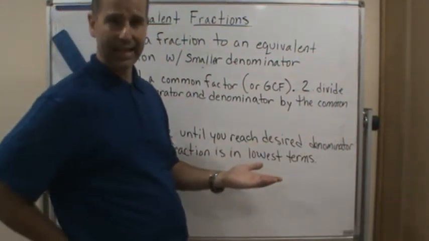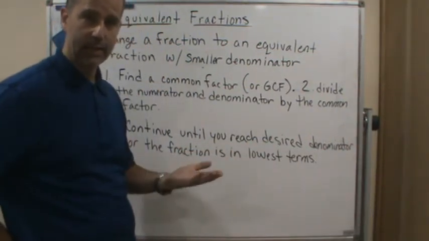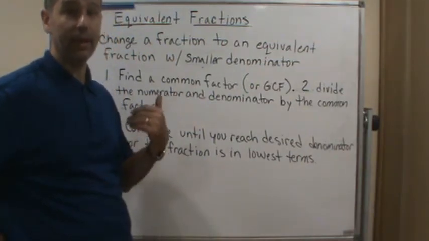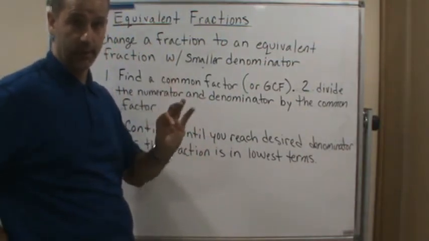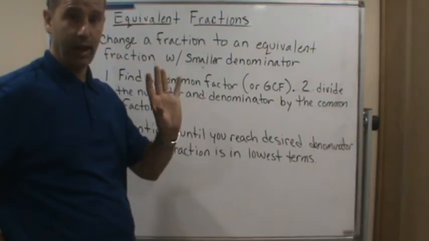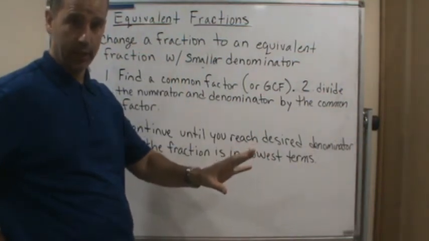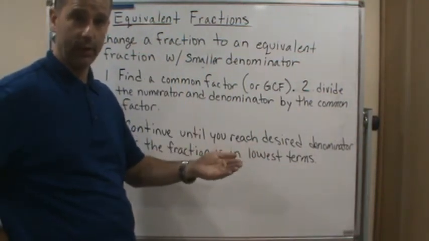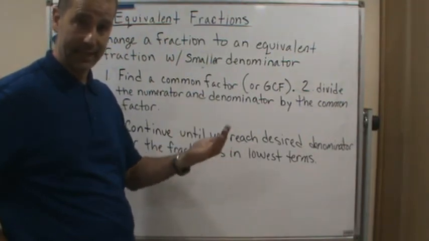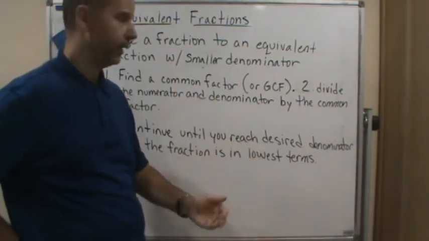But sometimes you can't see what the greatest common factor is. Or maybe they don't want you to put it in lowest terms. Maybe they specify, hey, I want the denominator to be this, okay? So then you just have to figure out what you need to divide by in order to get it to that number, okay?